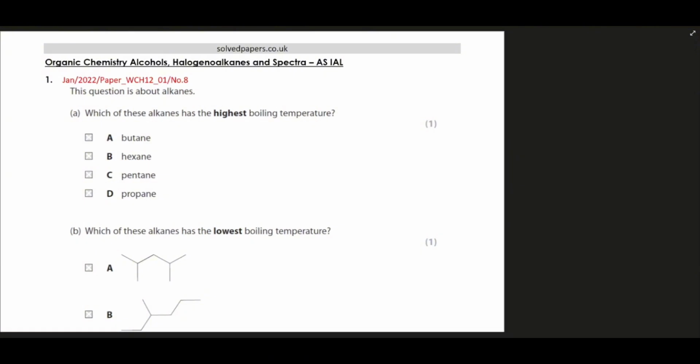What about you? Which two topics do you think are the easiest in AS chemistry? Unit one and halogenoalkanes. Exactly. I believe intermolecular forces, kinetics, and organic chemistry are the three easiest in my point of view. Others might be a little bit tough.